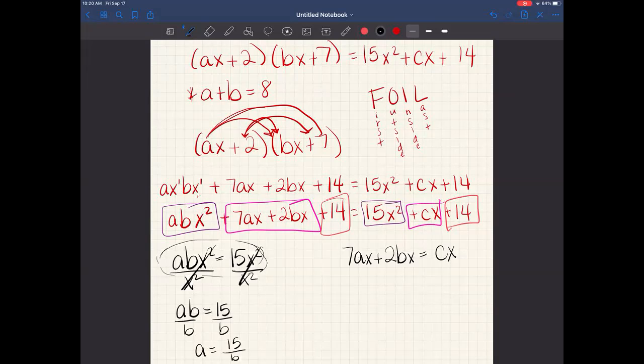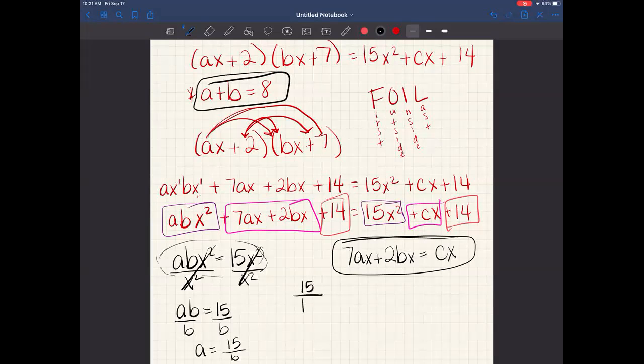So I'm going to put this equation on the back burner for now, and go back to my A plus B equals 8. Now I have a value for A, and the nice thing is, I only am going to deal with B in that problem. So now I replace A with 15 over B plus B equals 8.